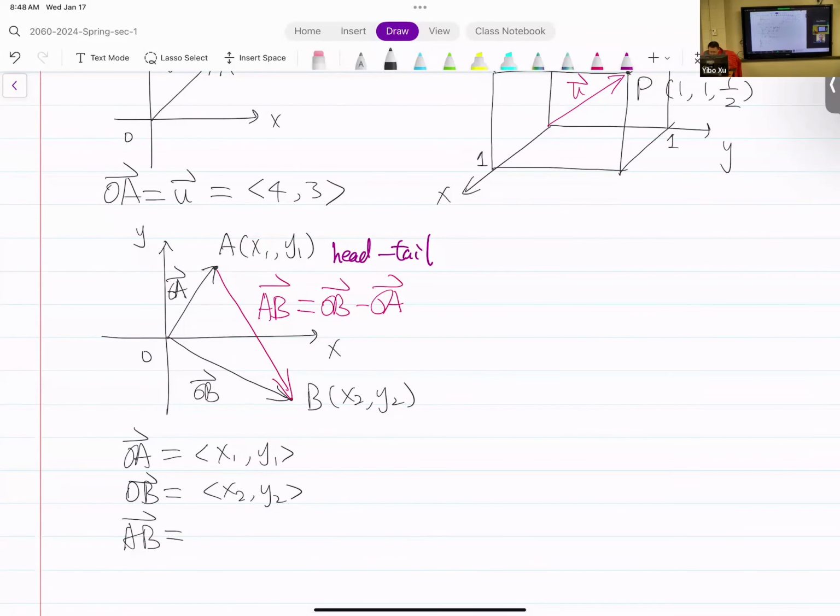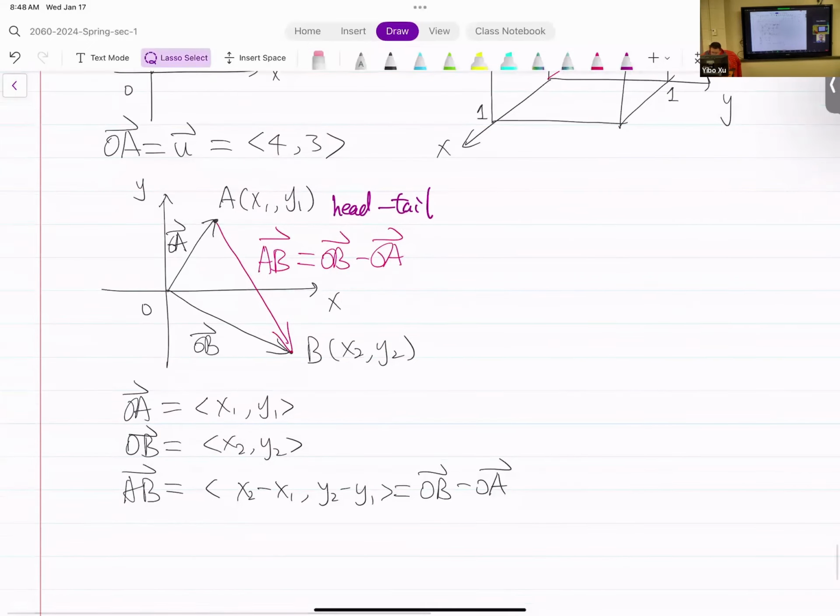So head is x2, y2 minus x1, y1. That gives us x2 minus x1, y2 minus y1, which is exactly OB minus OA. So what we do is we use the components and do the subtraction in the order that we want.